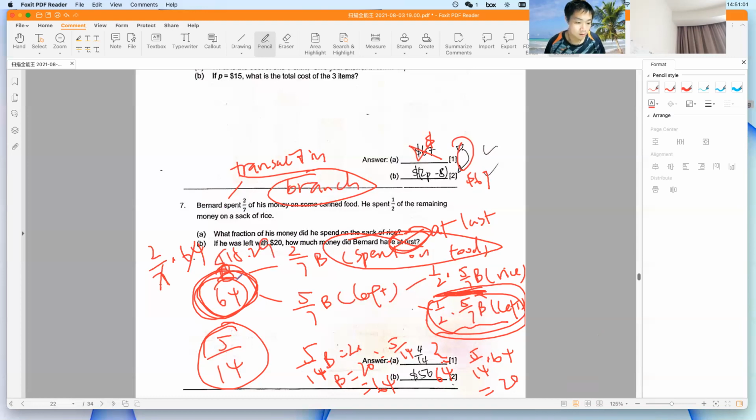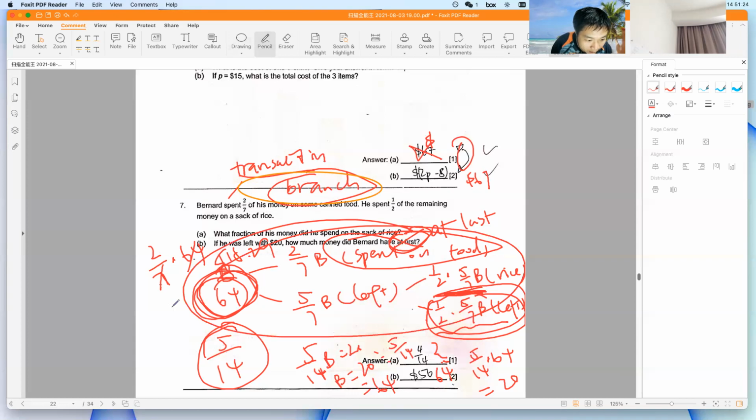Okay. So that's the reason I really want all my students to use the branch method. The reason for it is, once you have drawn this diagram, let's say somehow your answer is wrong, but your diagram is correct. At least, let's say your diagram is correct, you might get 1 mark.